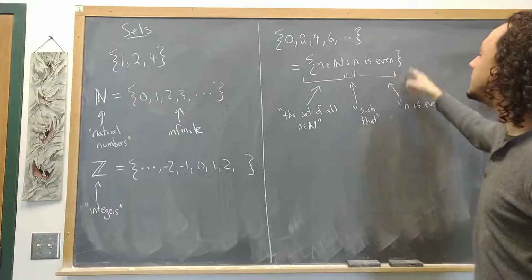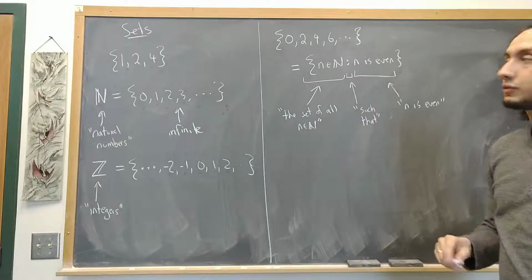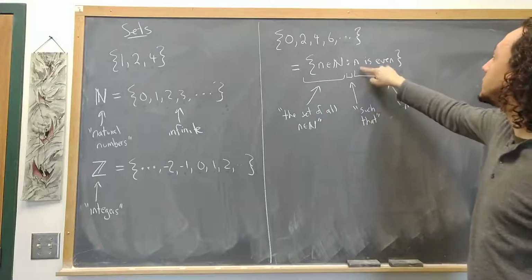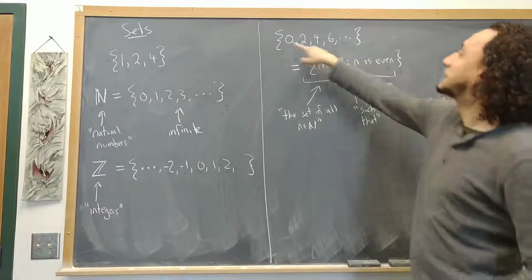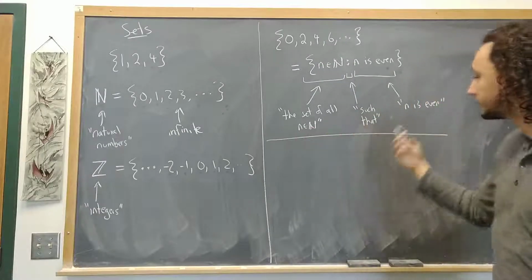So the way to read this is the set of all natural numbers n such that n is even. So it's a different notation, it still uses the curly brackets, but I'm picking out a set using a property instead of by explicitly listing the elements of that set.